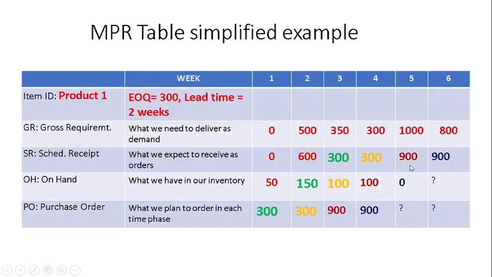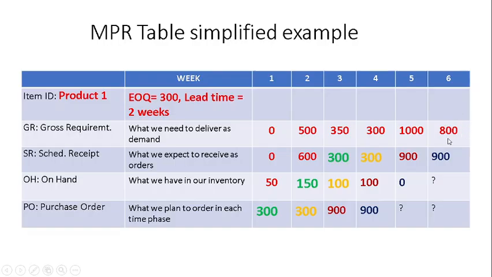Now, if we go a step further, we see that in week 5, I will have in my inventory 100 items. I will receive 900, so in total I'm going to have 1000. I will consume all the items, so what's left in my inventory is 0. So I need to check what I have to plan for my week 6. I see that I need to deliver 800 items.